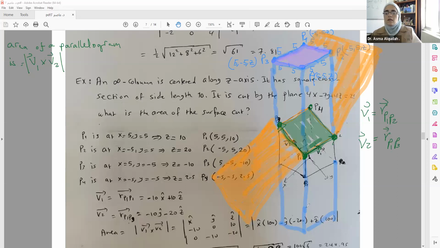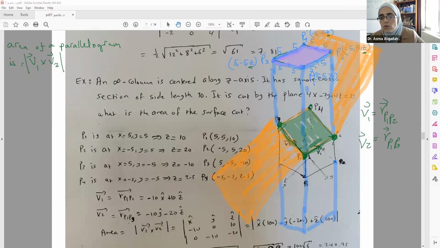Okay, so to find the coordinates of the 4 points, what we need to do is first look at this shape. I said this is a square shape, and it has the same level or same height. That's why we put the z component the same for all of the points.